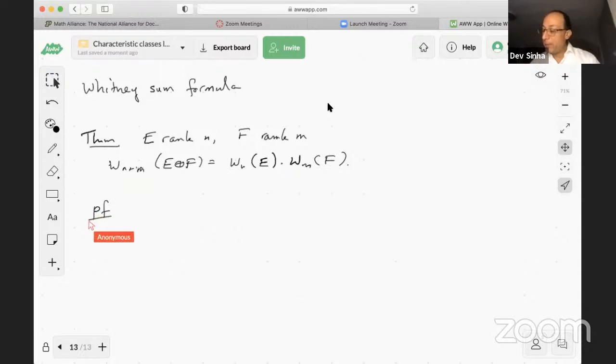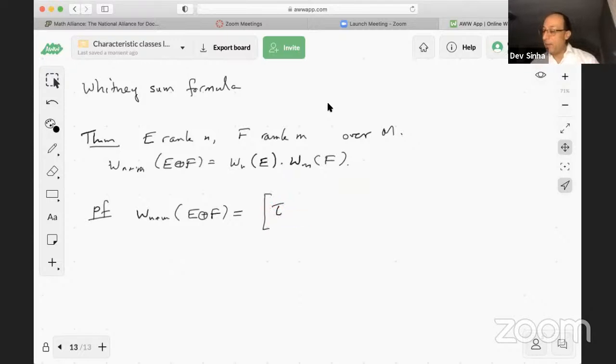let's formalize that. So the proof is that by definition, W_{n+m} of E plus F is, I'm going to assume I'm over a base manifold M, and then over M, I've got some section, and this is represented by the Thom cochain.